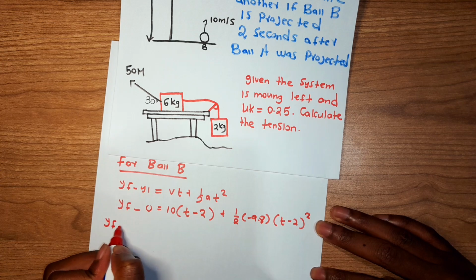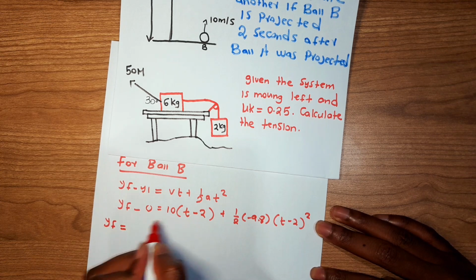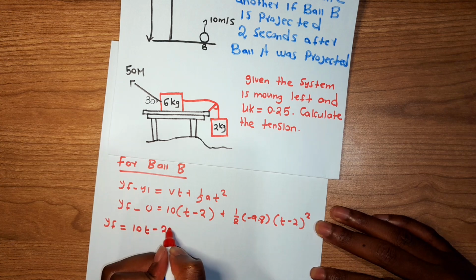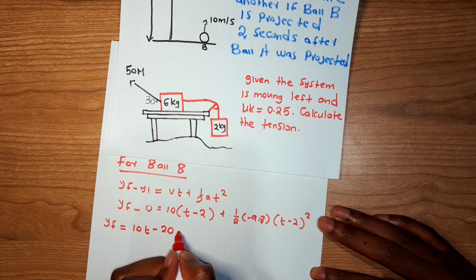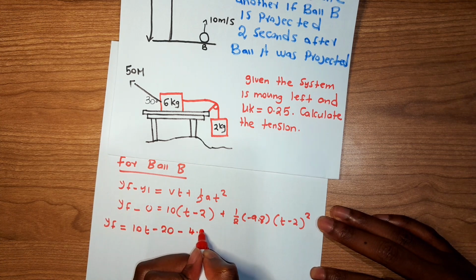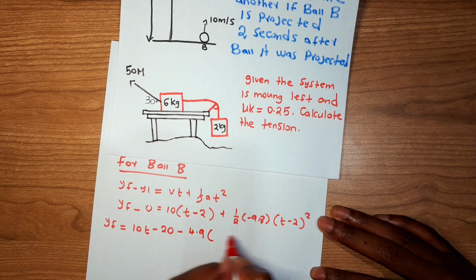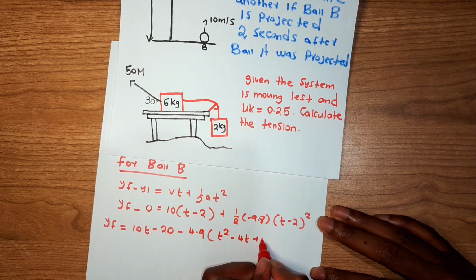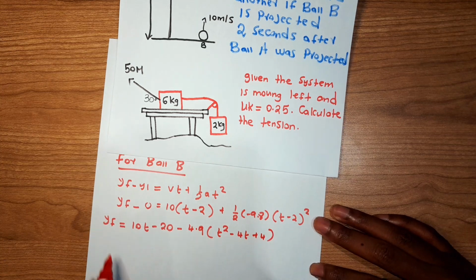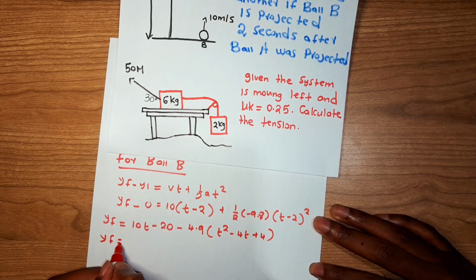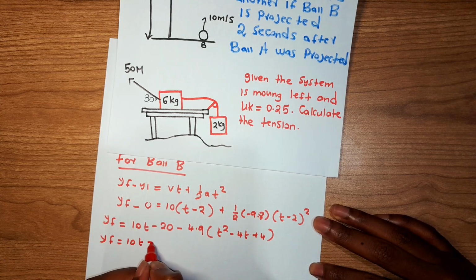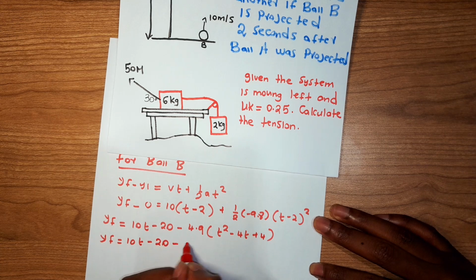So what am I going to have? I know that y final is going to equal 10t minus 20 minus 4.9 times t squared minus 4t plus 4, right? So my y final equals 10t minus 20 minus 4.9 t squared.